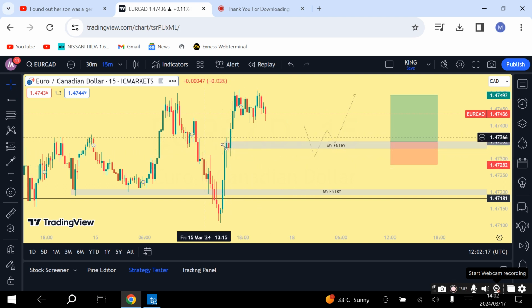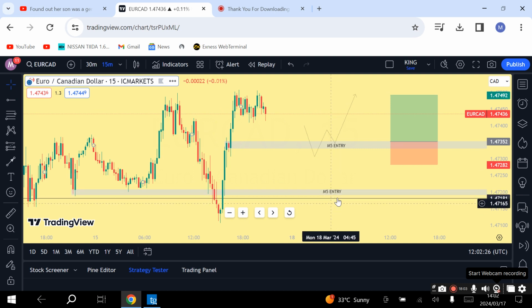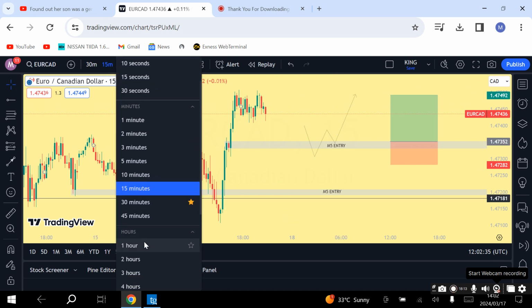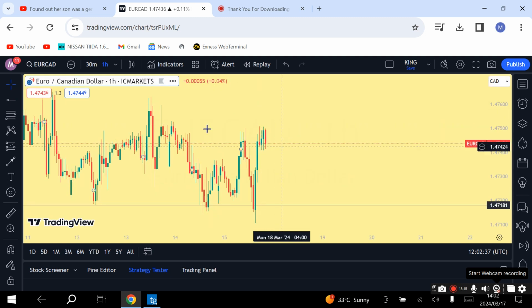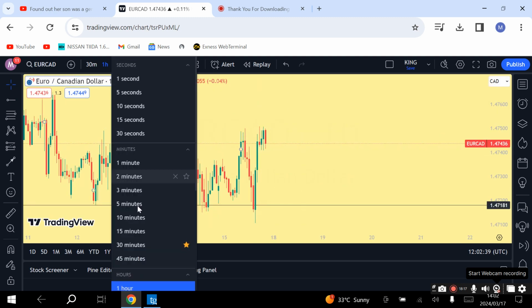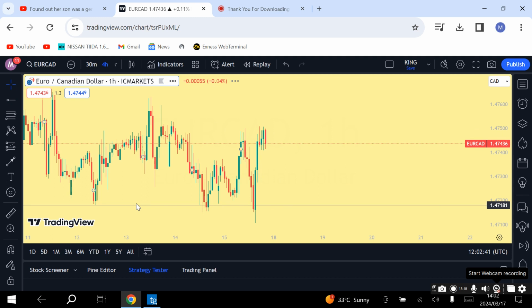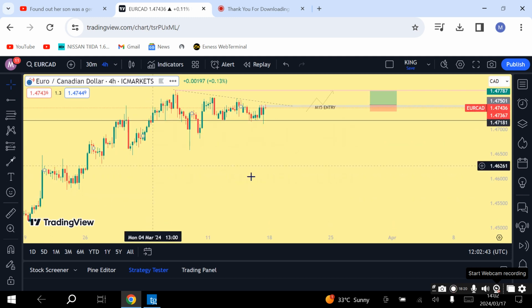This is a clean M15 demand area, right? But if the market doesn't obey it, I will wait for this one here. If it doesn't obey, then I just leave the trade as it is. I don't enter. So those are two potential entries.